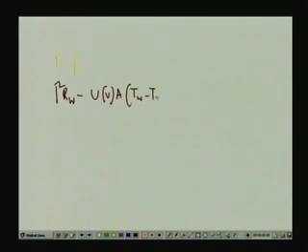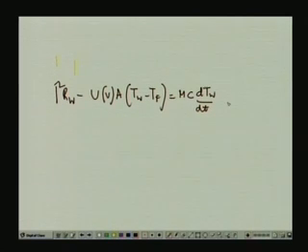We had previously, if I change the color of the pen, our equation looks like this: I square RW, which is a time varying quantity, minus U V A into TW minus TF equal to M C dTW by dt.